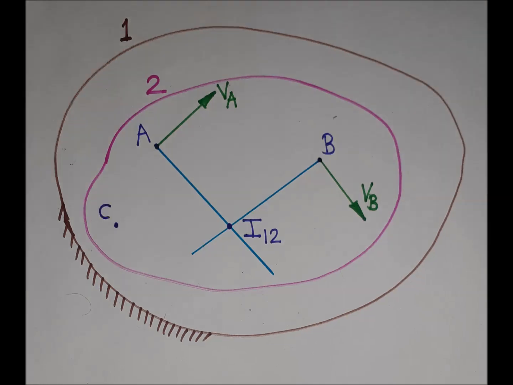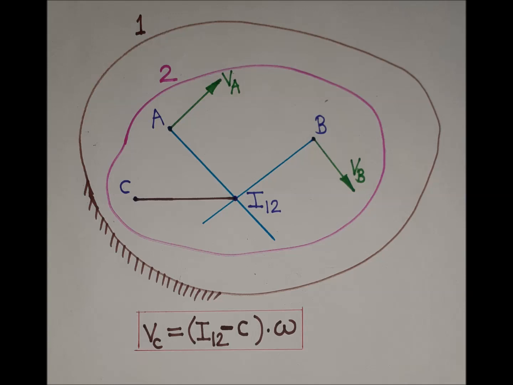Now consider point C on planar body 2. We have to obtain a relation for velocity at point C, that is VC. Point C is lying on planar body 2, which is rotating about center I12. So to obtain VC, we can use the basic relation V equals R omega, where R is the distance between point C and the center of rotation of planar body 2, that is I12, and omega is the angular velocity of body 2.